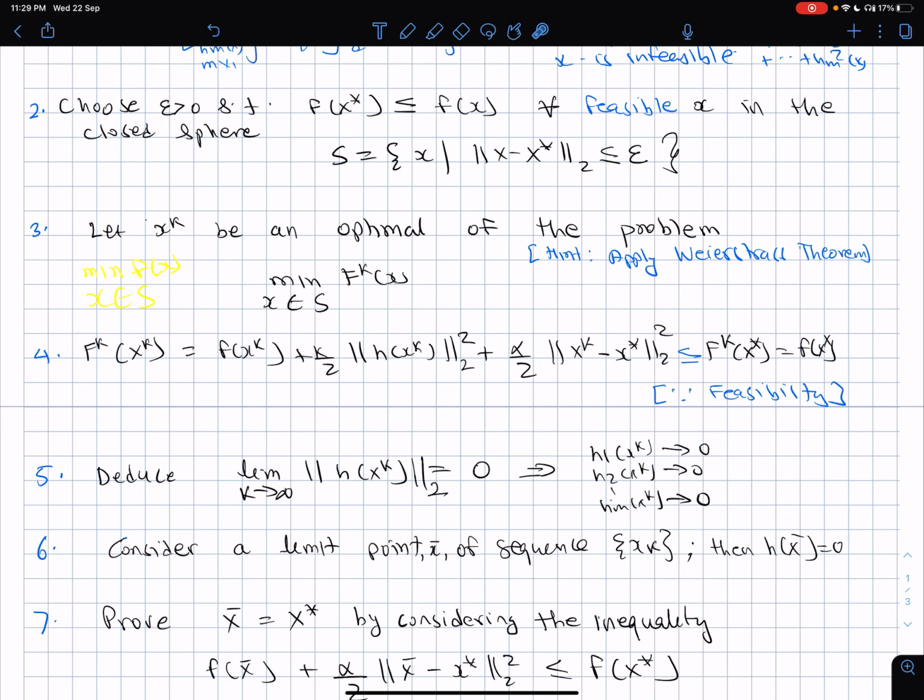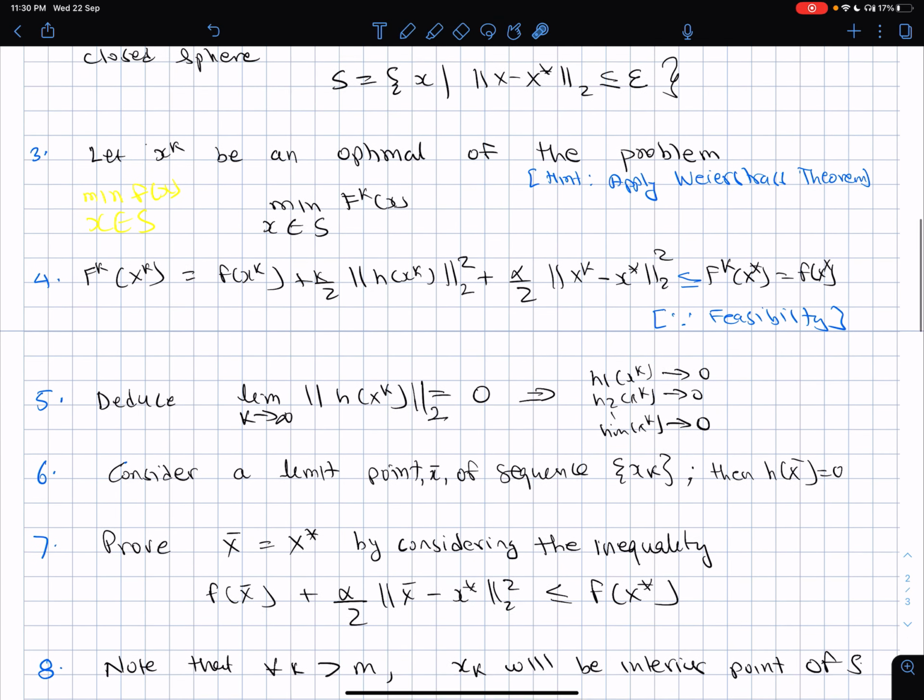But this violation is not possible. That's a contradiction. So in the limit k tending to infinity, this thing goes to 0. If the norm of the vector goes to 0, each of these points goes to 0. So as k tends to infinity, x_k becomes a feasible point.